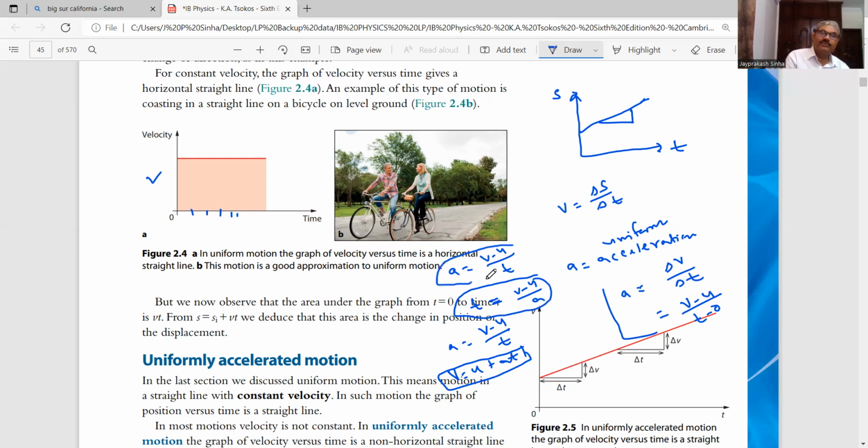We are going to use all three forms of this equation: v is equal to u plus at, a is equal to v minus u upon t, and t is equal to v minus u upon a. So we are talking about uniformly accelerated motion, which means the velocity is not constant. Velocity is changing, but at a constant rate, which means acceleration is constant.